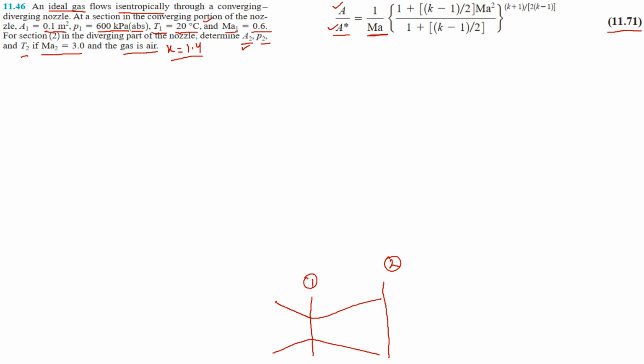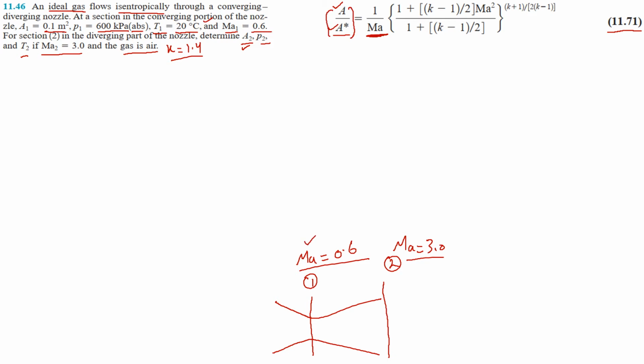because we have the Mach number. So the Mach number for both the sections, here the Mach number is 0.6 and here it is 3.0. So this is our Mach number, and we are going to find the A over A star from the graph for this scenario.